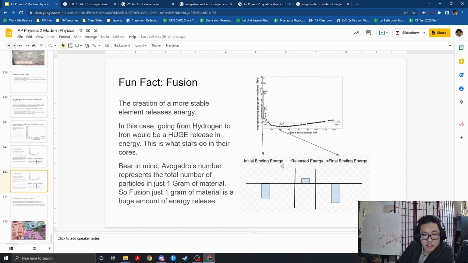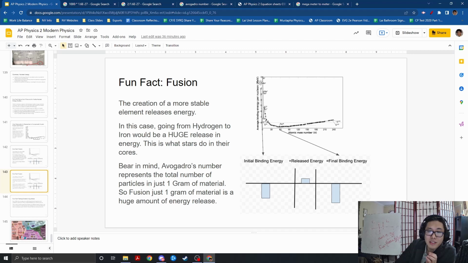Meanwhile, our sun takes hydrogen. Take a look at hydrogen over here. Let me pause for a moment.